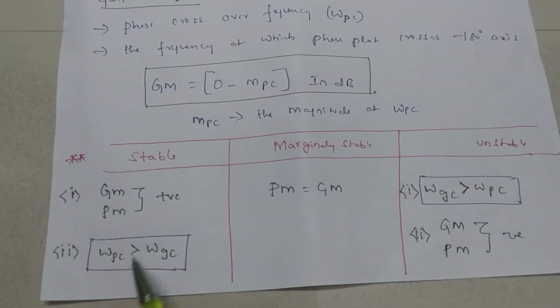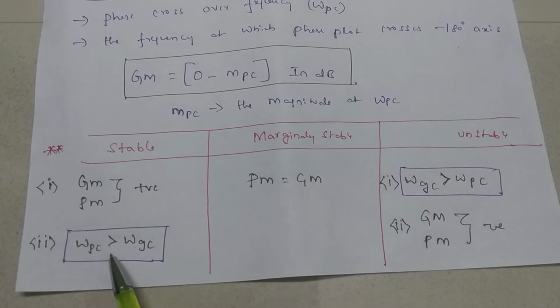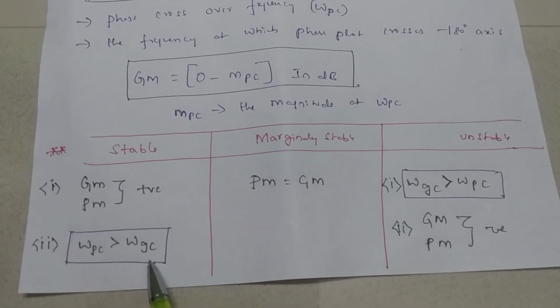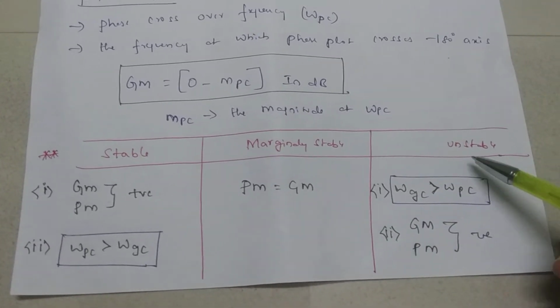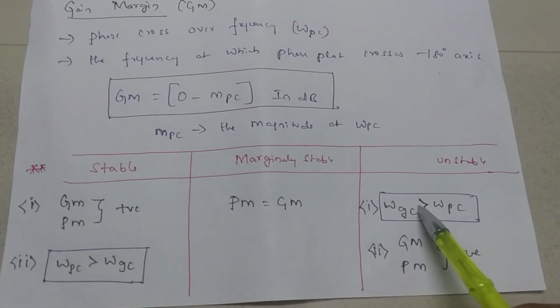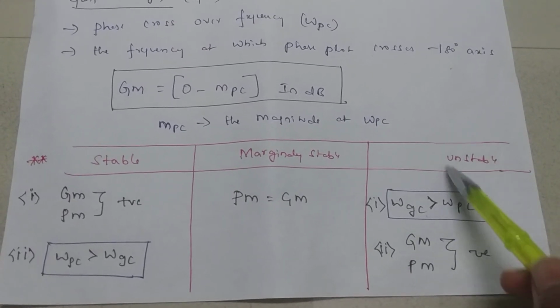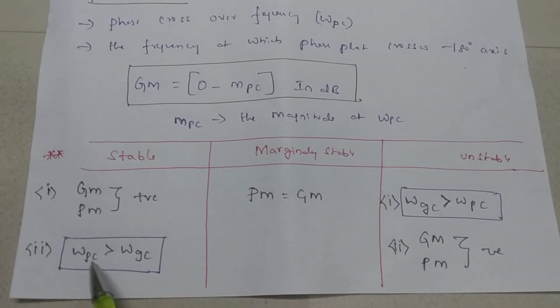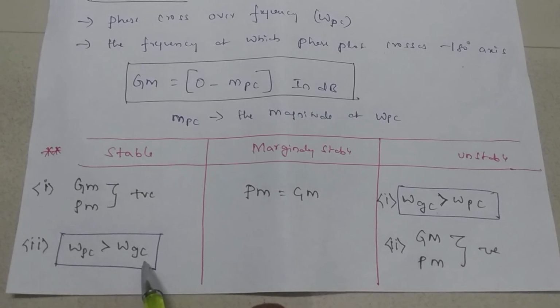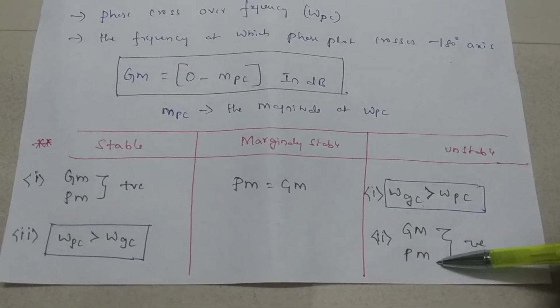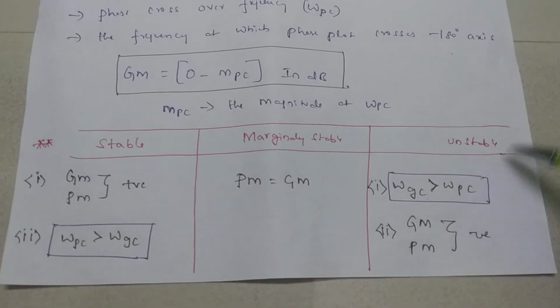If the phase crossover frequency is less than the gain crossover frequency, it is unstable. I have written here: omega GC greater than omega PC means it is unstable, and omega PC greater than omega GC means it is stable. Similarly, if gain margin and phase margin are negative, it is unstable.